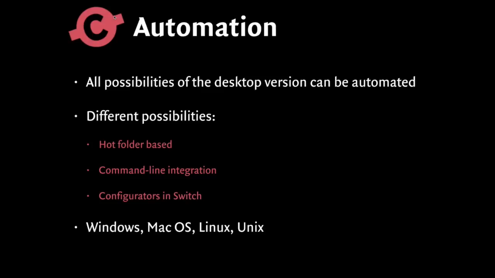The easiest way, perhaps, and I don't have time here to show all of the possibilities of the server, so I will only talk about this and show a very small amount of detail about the hot folder based server. The easiest way to automate here is PDF Toolbox Server using hot folders. I can set up a hot folder.